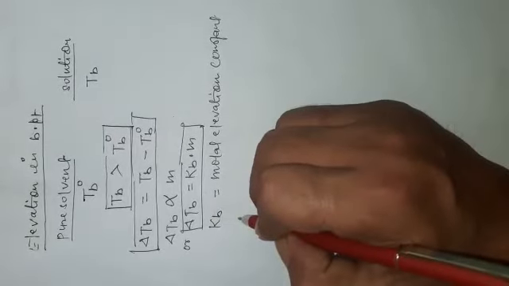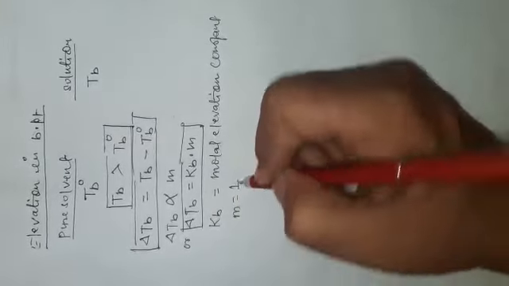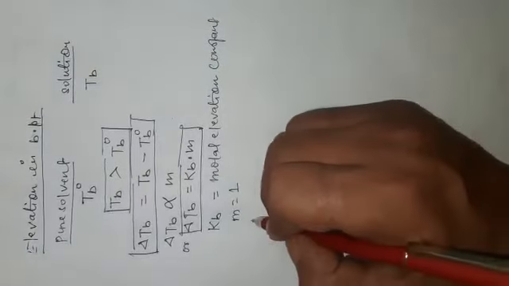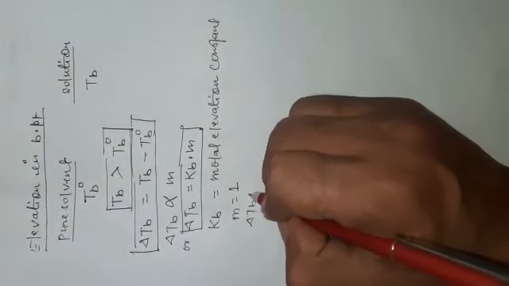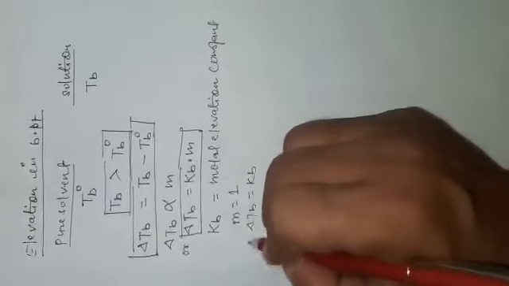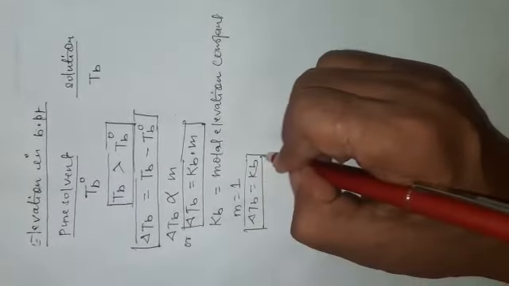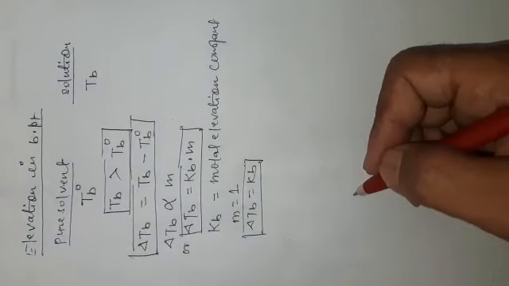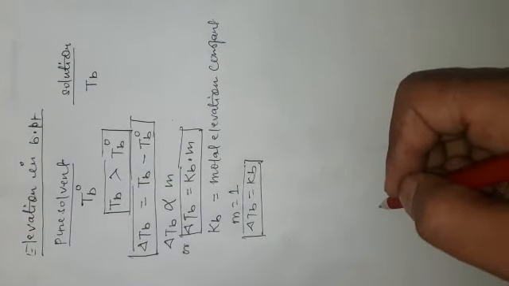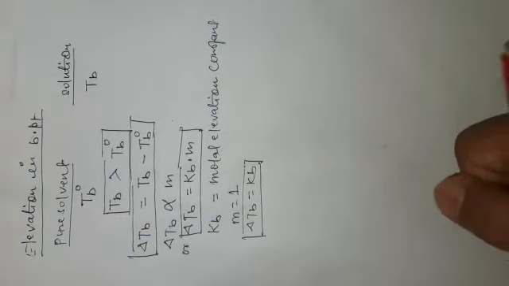If m is equals to 1, molality of solution is equals to 1, then delta TB is equals to Kb. What is Kb? Kb is the elevation of boiling point of 1 molar solution.